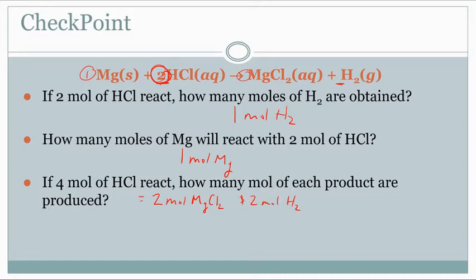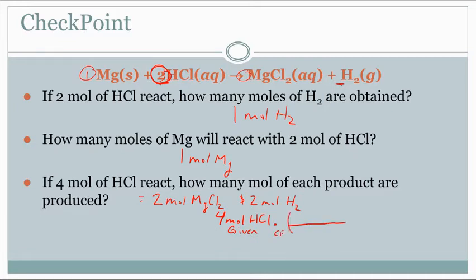Now there's an easier way to do this, a mathematical way. If I look at that, for every 4 moles of hydrochloric acid, that's my given that I'm starting with, I'm going to multiply by my conversion factor.